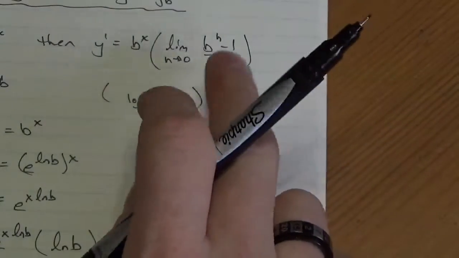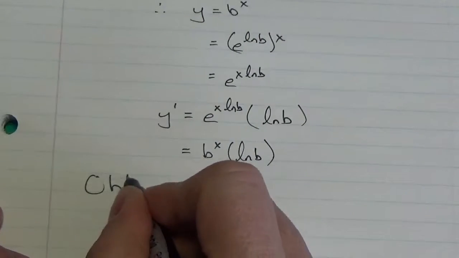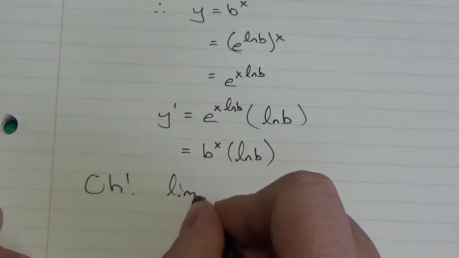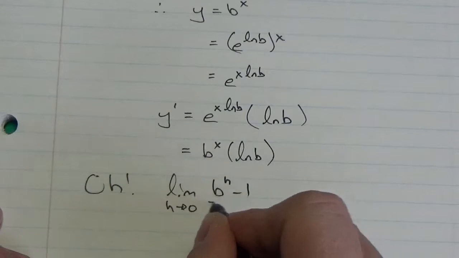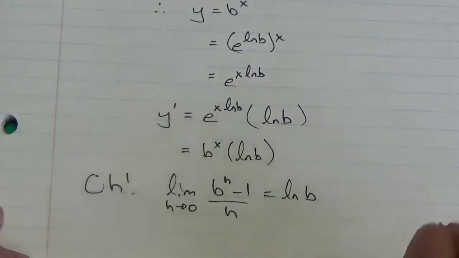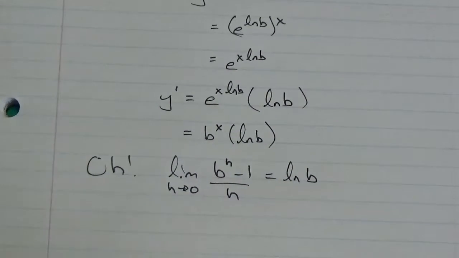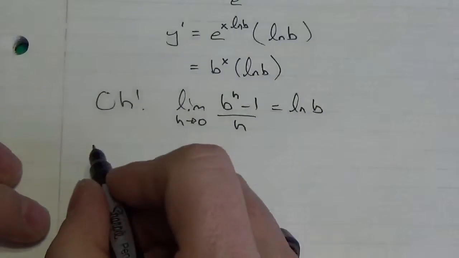That is what this is equivalent to. So it's like, oh, the limit as h approaches 0 of b to the h minus 1 over h is simply the natural log of b. Yeah, that's it. Perfect.